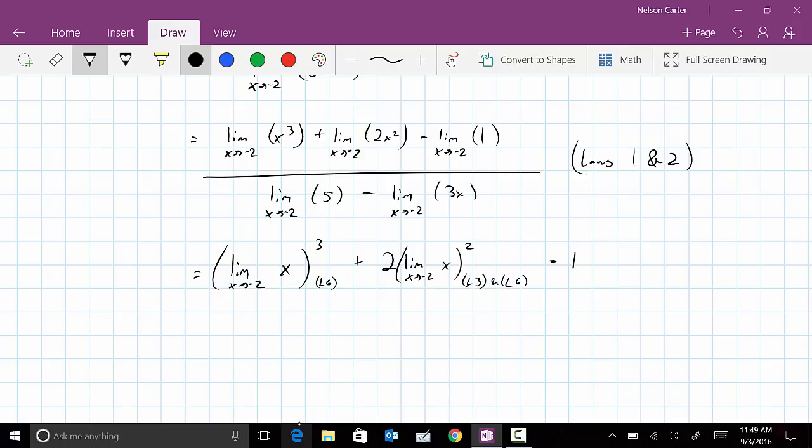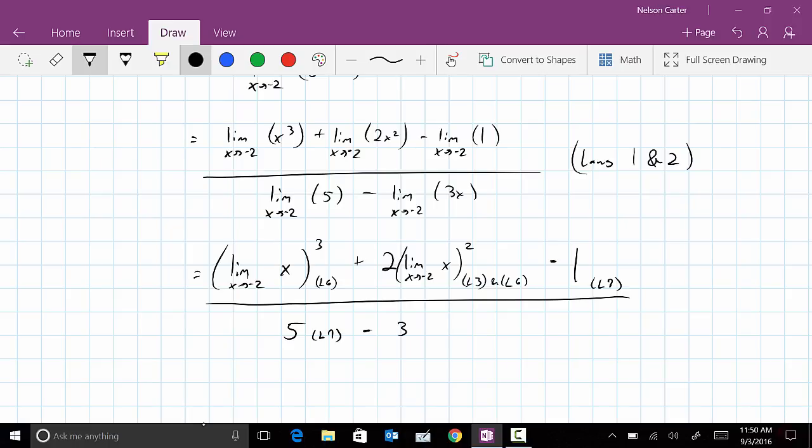So that's just going to equal 1 because of that constant rule, and that was law 7. So let me put minus 1, and that's law 7. And then this whole thing is going to be divided by, okay, this is also a constant, so that's just going to be 5, and that comes from law 7.